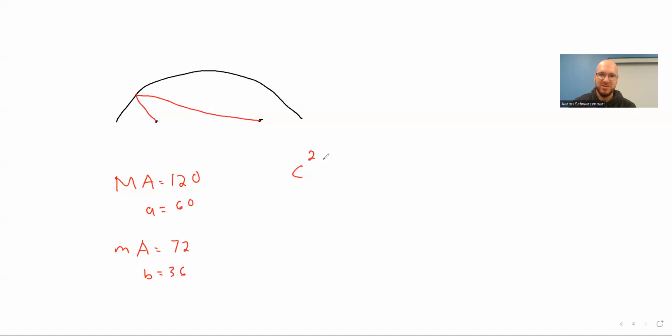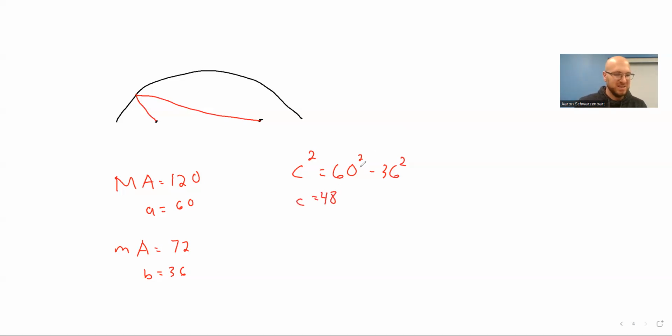So how far apart are they? C squared is 60 squared minus 36 squared. And I need a calculator to do that. And then when I square root that, I get 48.